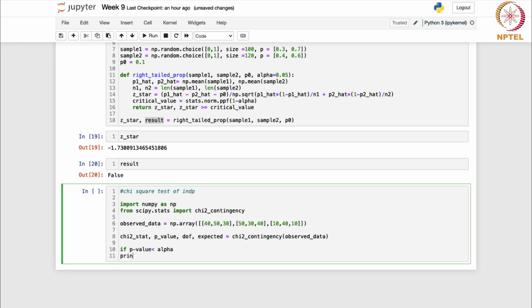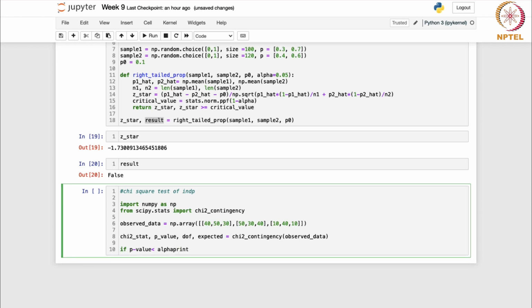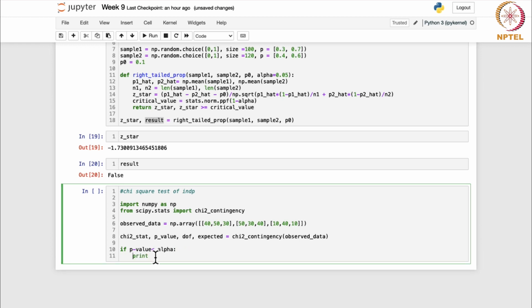You will print: reject the null hypothesis, there is a significant association between the two categorical variables.